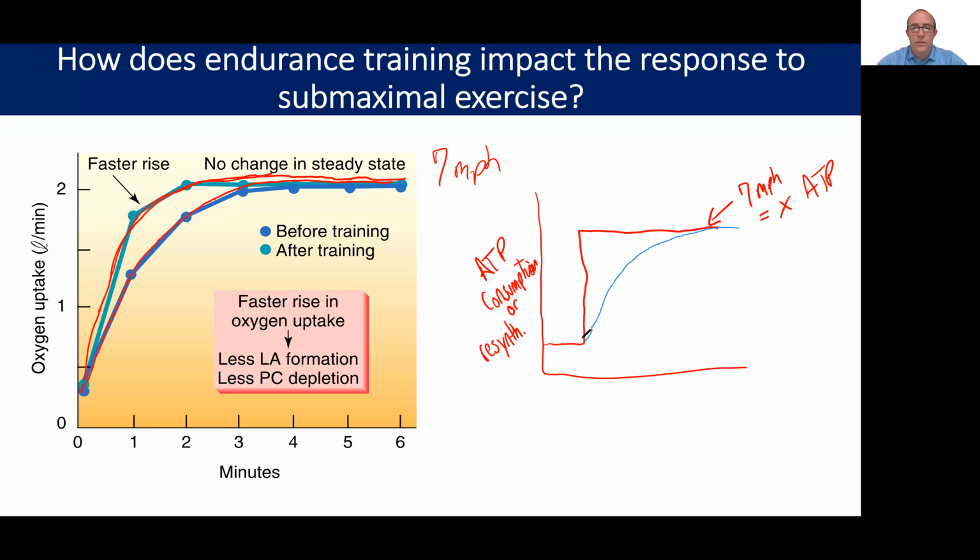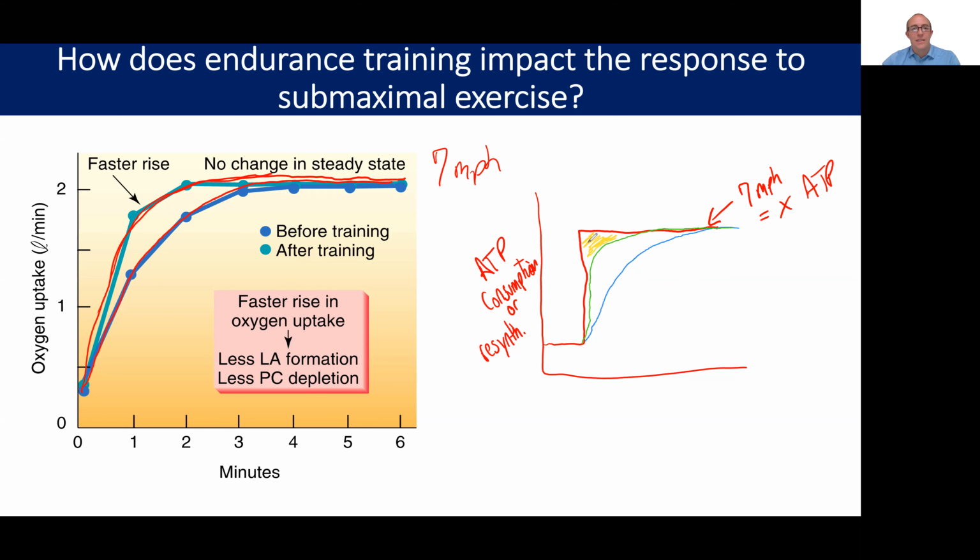After training, you'll get up to the steady state more rapidly. Now look what happened to your oxygen deficit. It's less. You've been less reliant on that anaerobic source of energy. The more you can utilize aerobic metabolism and be reliant on it, the more sustainable the exercise is. And endurance training helps you be more reliant on those aerobic sources.